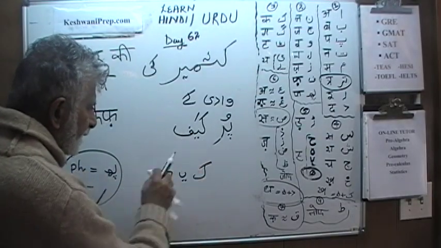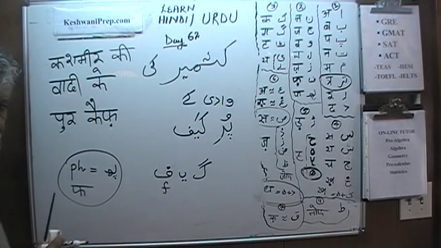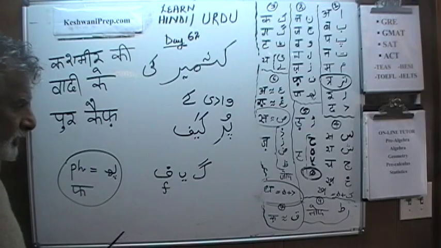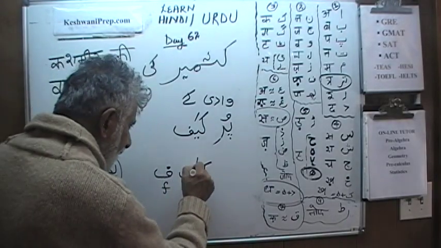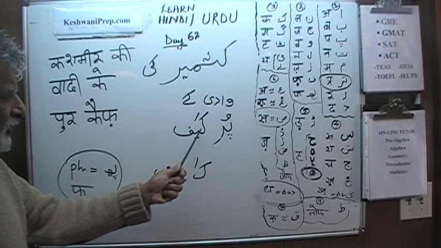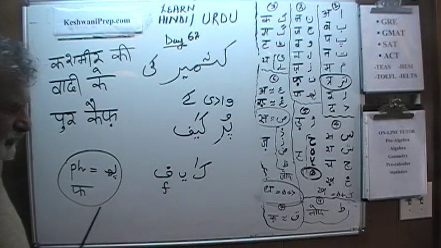Be careful because you can't write it like this. That's a different word. As a matter of fact, it's not a word at all. Now it says gave, that's a go. There is no such word. So we cannot put the two lines on top of each other. It has to be at a slightly different angle, so that the eyes can immediately see that it's a zabar for a kaf and it's not a gaf. It's not a ga, it's a ka with a zabar.